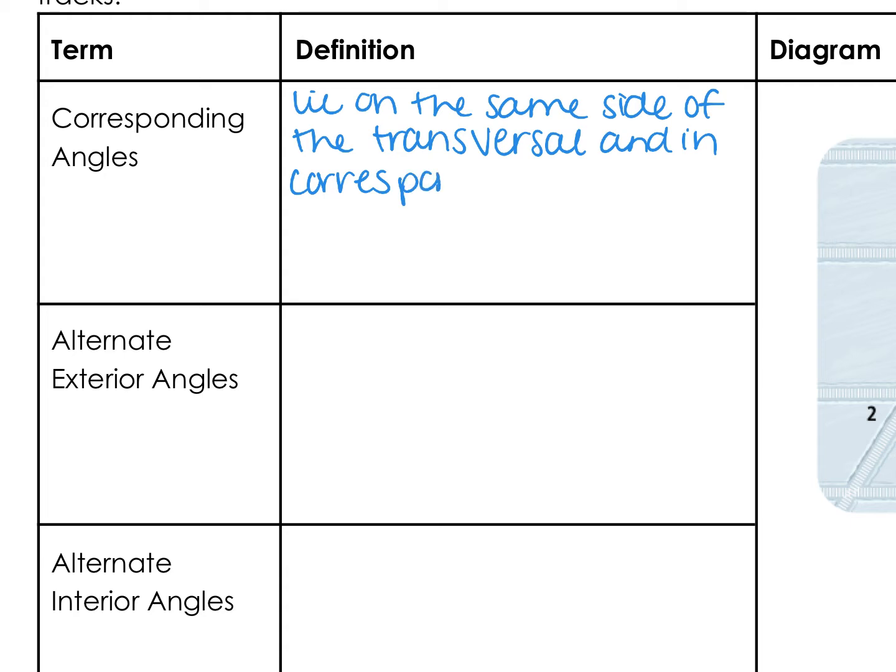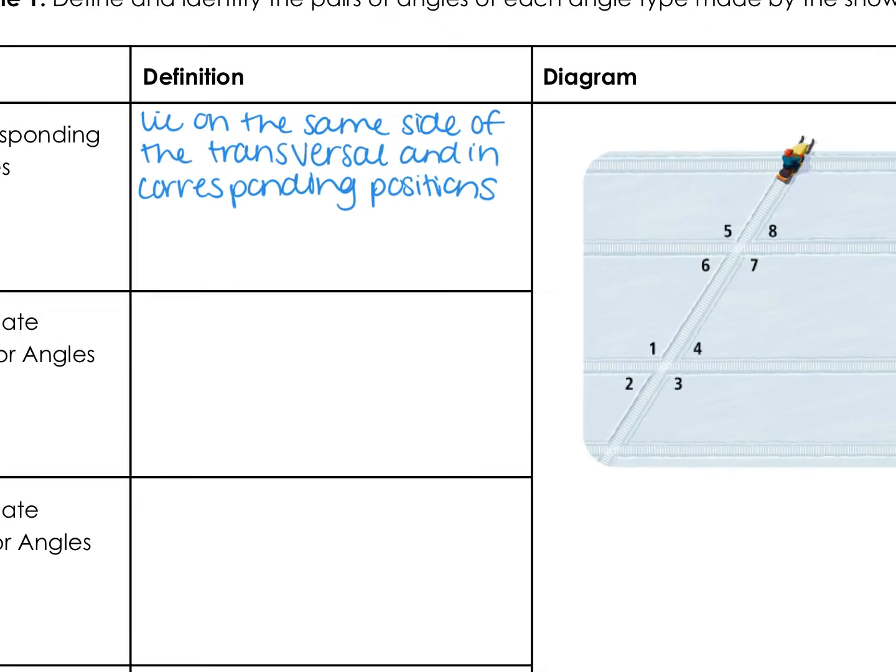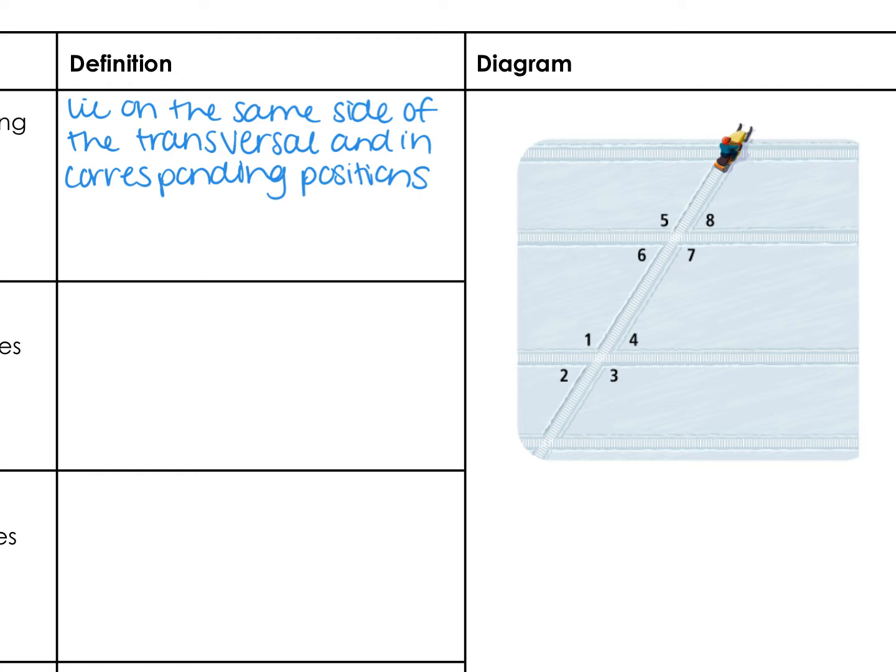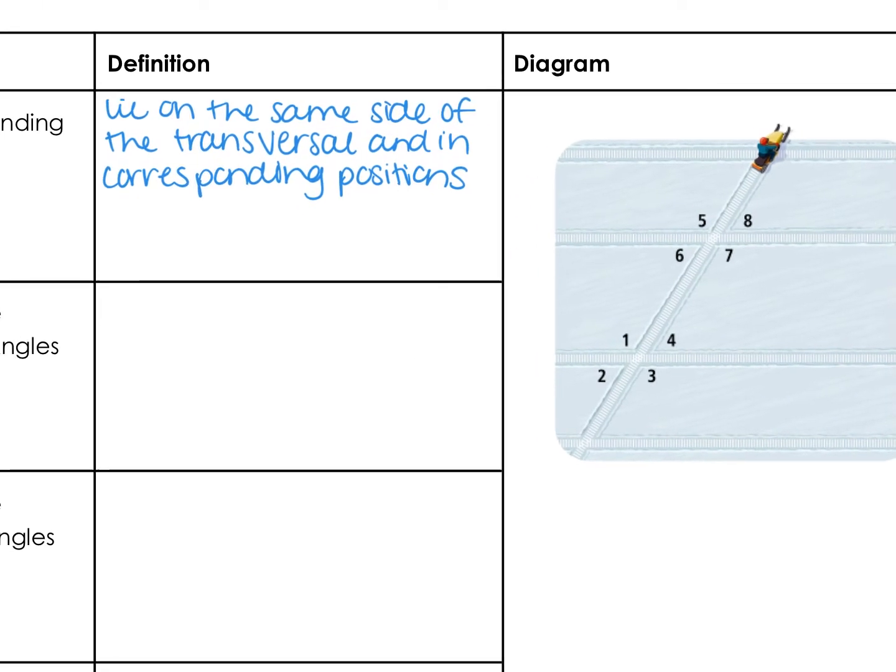Corresponding just means the same. So we are on the same side of the transversal line. That means we're either all over here or all over here. That's the same side of the transversal line. That's what that part means. And in corresponding positions means in the same position relative to the parallel line.